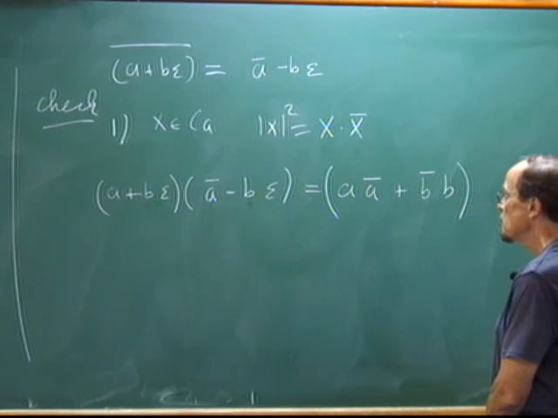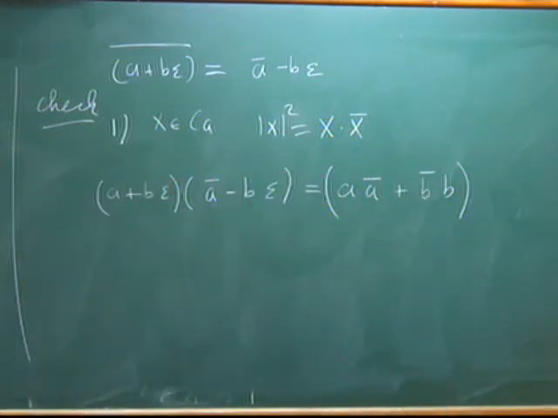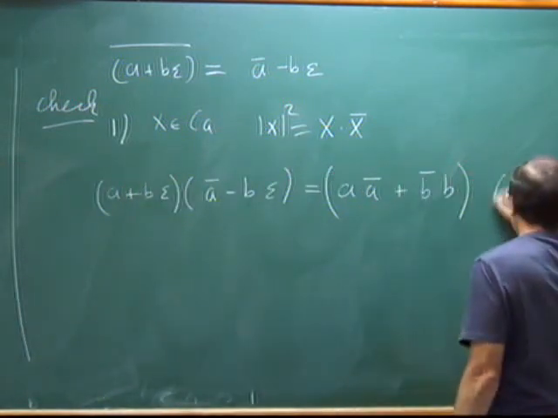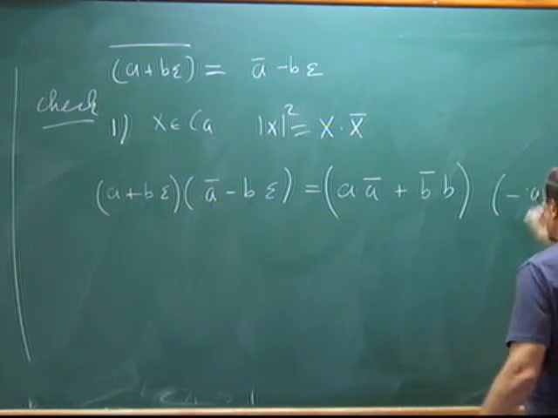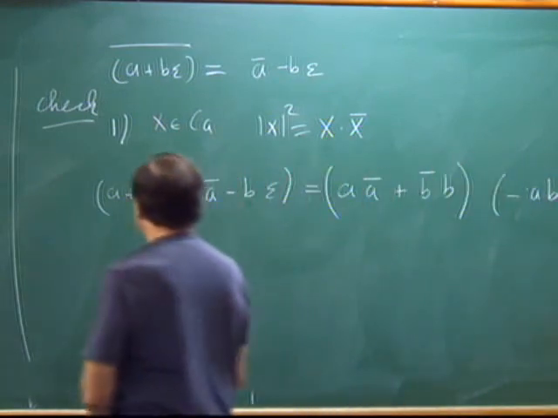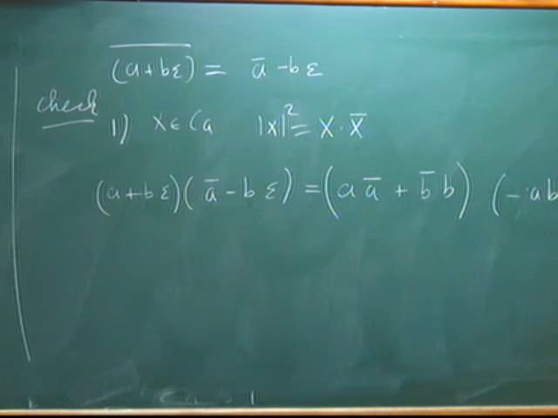Right. And what's the next part? d times a. So that's a times minus b. And what's the next one? b times the conjugate of this.